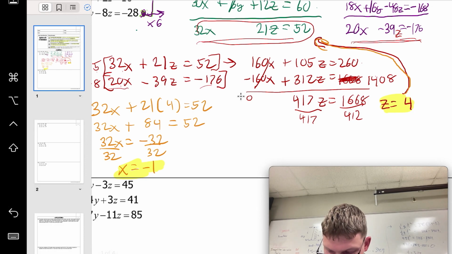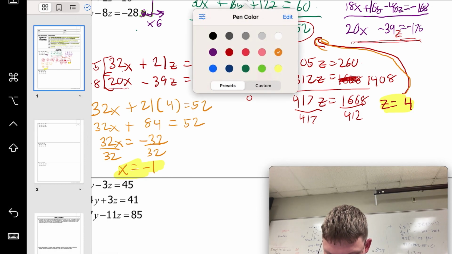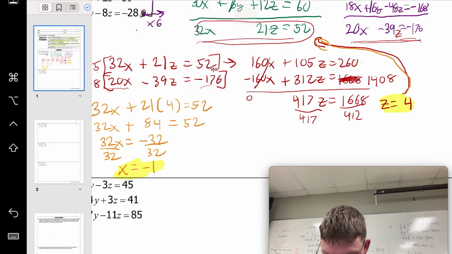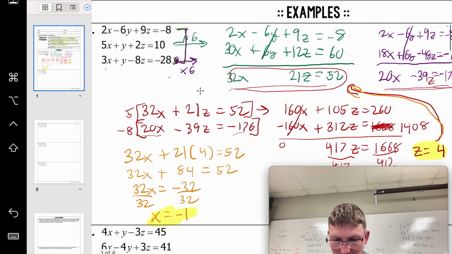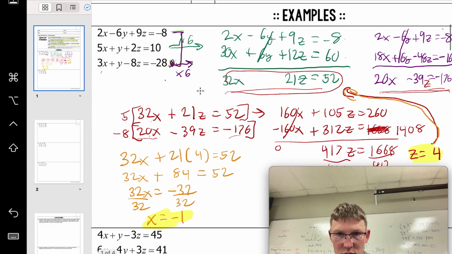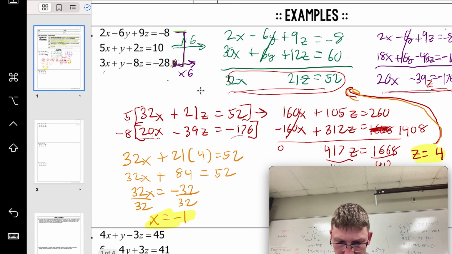Okay, we've got our x and our z. We need one more variable. So we're going to plug our x and our z into any one of the other equations. I'm coming back up here to the top and just picking one of these easier ones. So let's do that one.